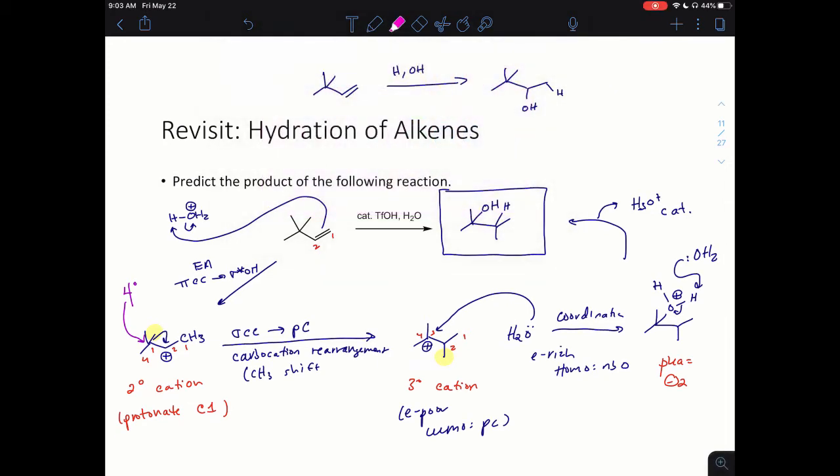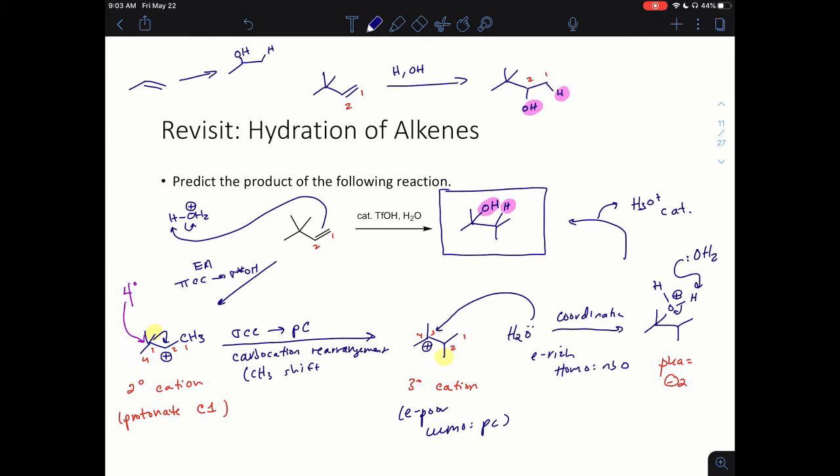You might ask, is there any way to hydrate without rearrangement? So just do a straightforward addition of HOH across the two carbons of the alkene, just as you would observe with an alkene that was not prone to rearrangement. Okay.